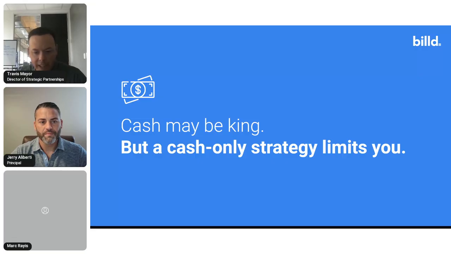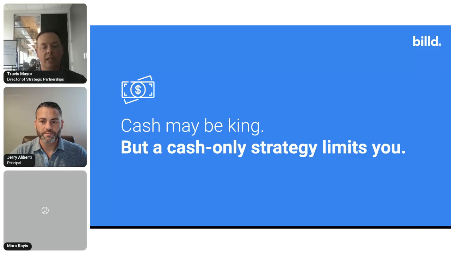And cash is not the only thing you should take a look in the mirror on, as far as: can I grow as much as I want, or how is this limiting me in other areas? Your market, your current workforce, labor pool, your ability to finance projects outside of cash, bonding capacity, all of these things are considerations, and we'll unpack some of these further in future slides.